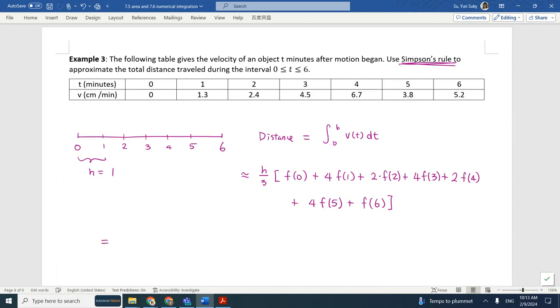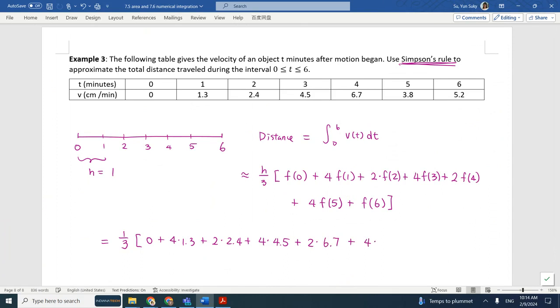So what's h? 1. So 1 over 3. What's f of 0? It should be v of 0. Yes. And then 4 times 1.3, 2 times 2.4, 4 times 4.5, and 2 times 6.7, right?